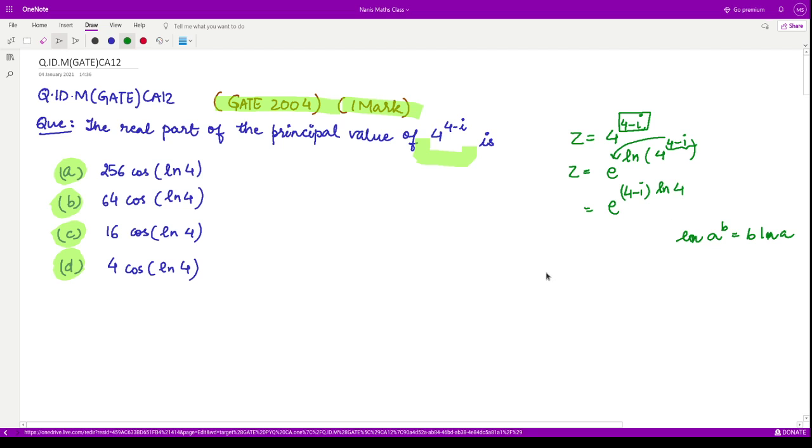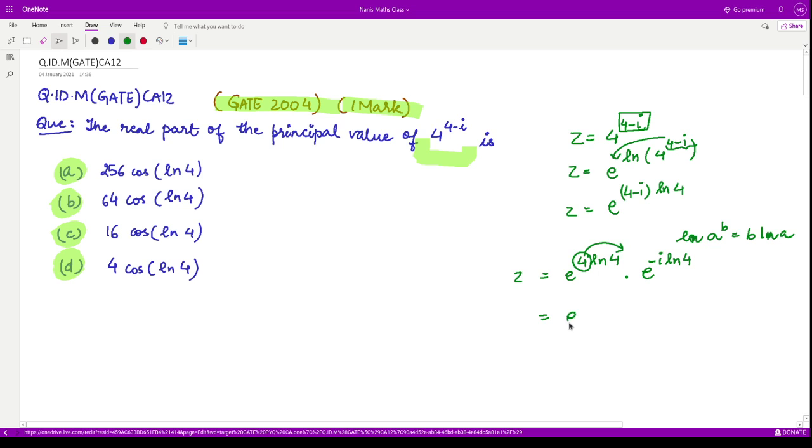So now we can separate the real and imaginary parts likewise. Here we would have e to the power 4 into log 4, and then in multiplication e to the power minus iota ln of 4, right? So again you can shift this number 4 to the power of 4 over here.